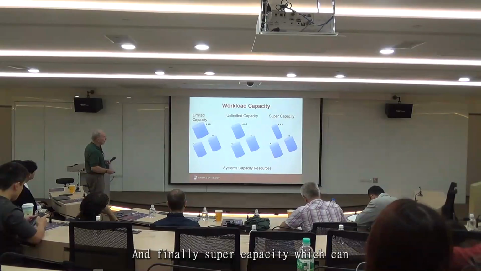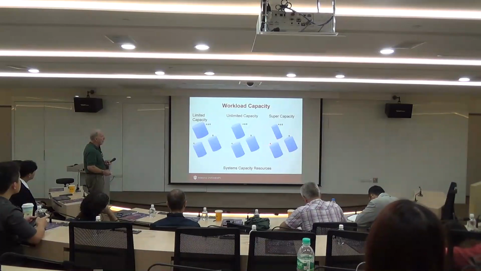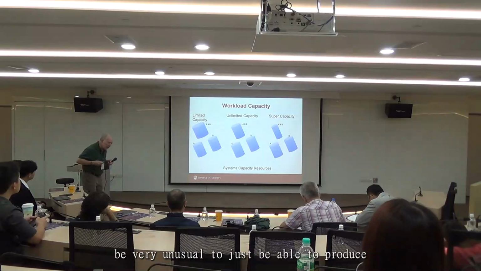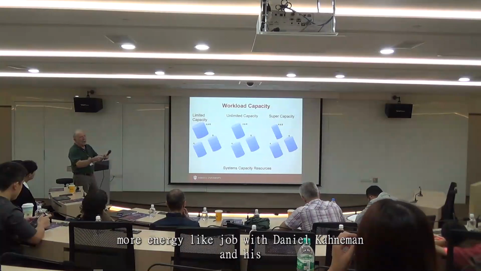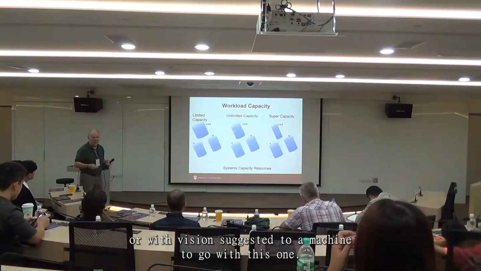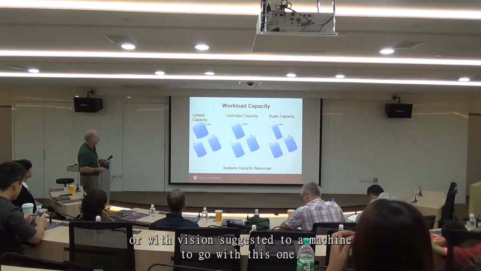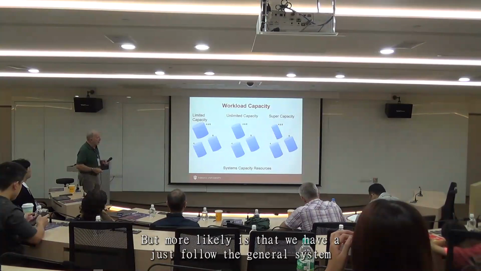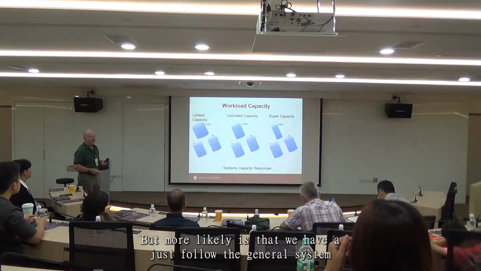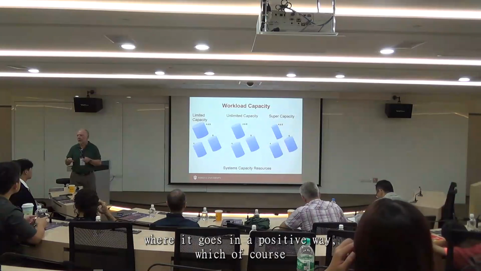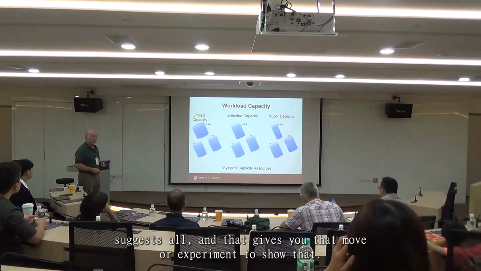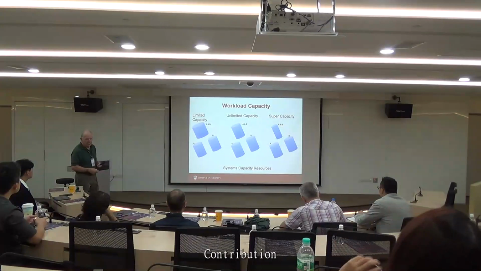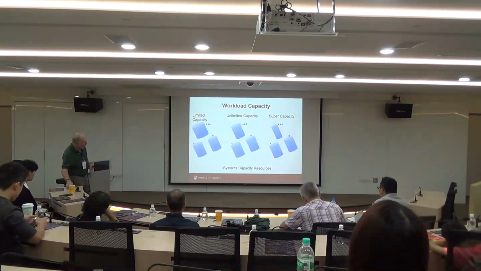And finally, supercapacity, which would be very unusual to just be able to produce more energy like that, but Daniel Kahneman in his early work in vision suggested that might be true. I've never seen the evidence of it. But more likely is that you have a Gestalt configural system where these guys interact in a positive way and produce a Gestalt, and many of our experiments have shown that can produce supercapacity.